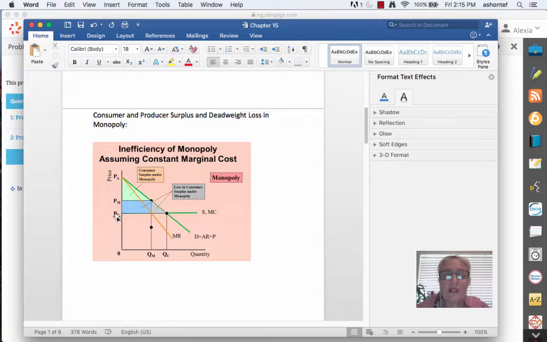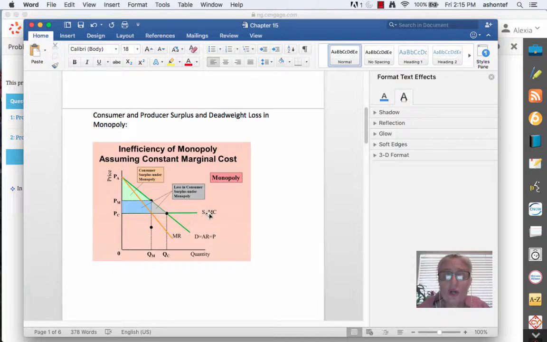Specifically in this case, we're assuming in this particular picture, and it's also what's assumed in the homework, that the marginal cost curve faced by the monopoly is constant, meaning it doesn't change. So remember, marginal cost is the supply curve for a firm, because the supply curve, reminder, tells us what they're willing to sell their product for at different quantities.